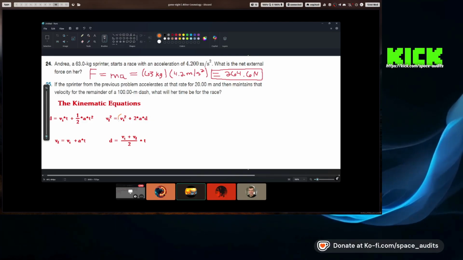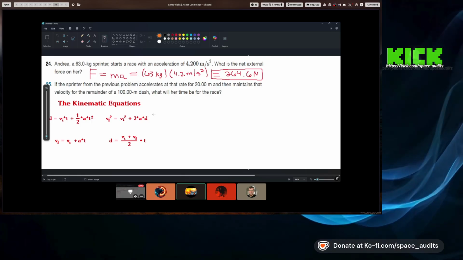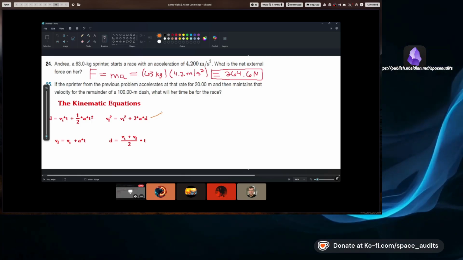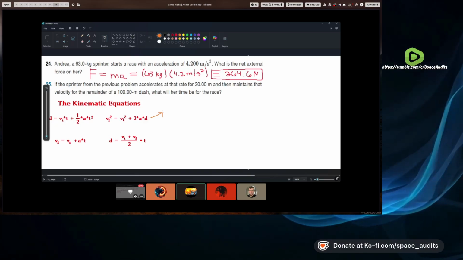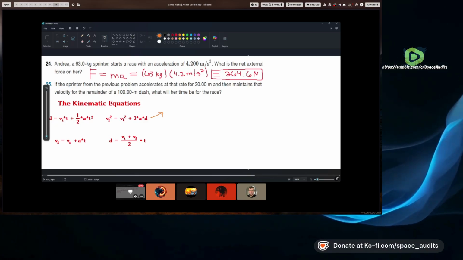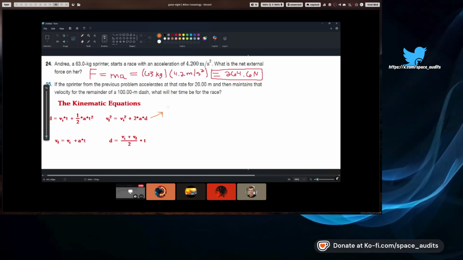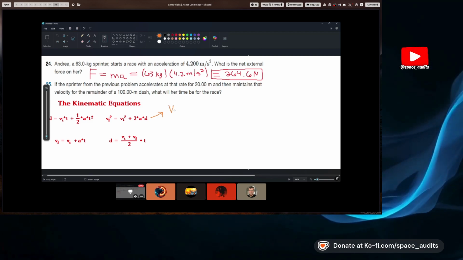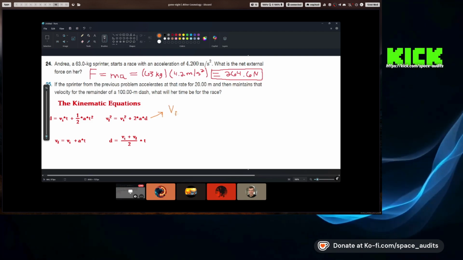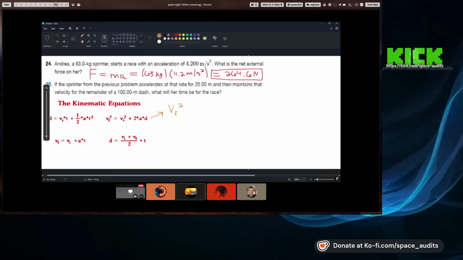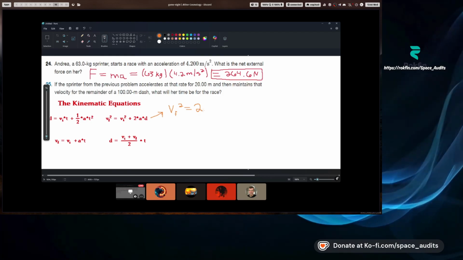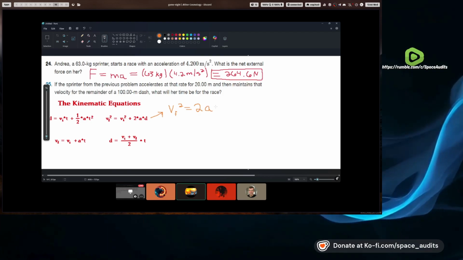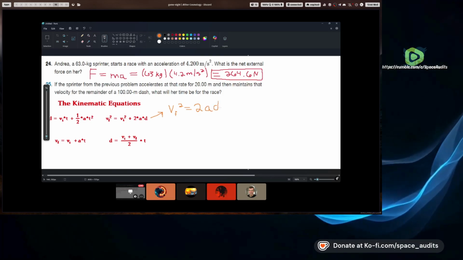Now, our velocity initial is going to be 0 in this case, because we're starting out at rest. We don't have an initial velocity. We just started the race. So what we're left with is velocity final squared equals 2AD, A being acceleration and D being distance.